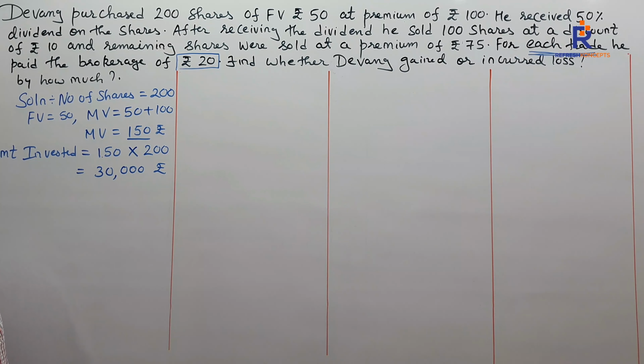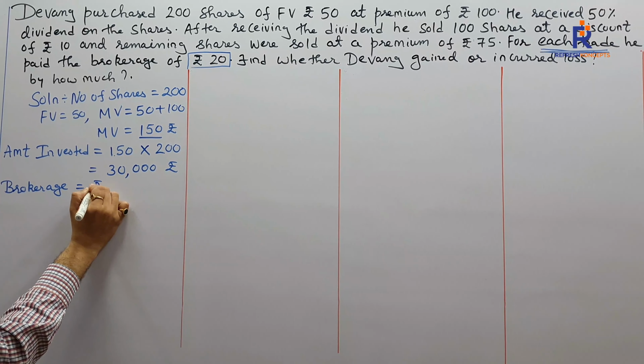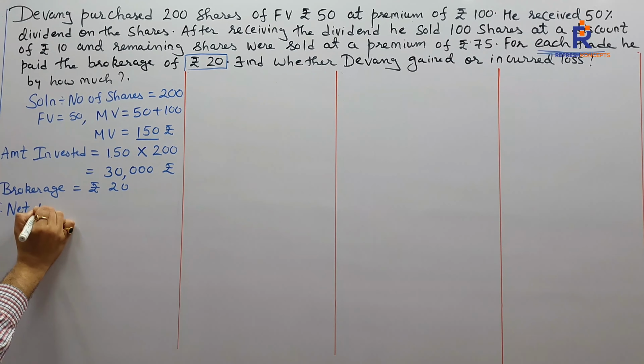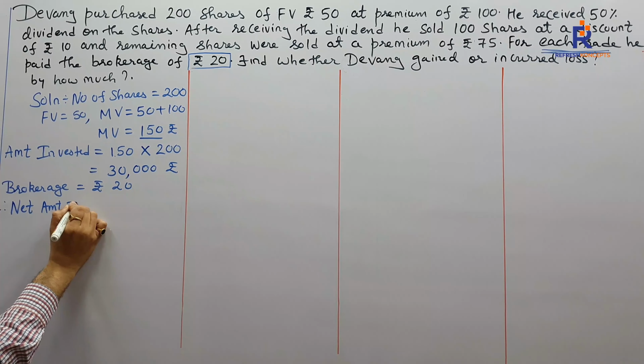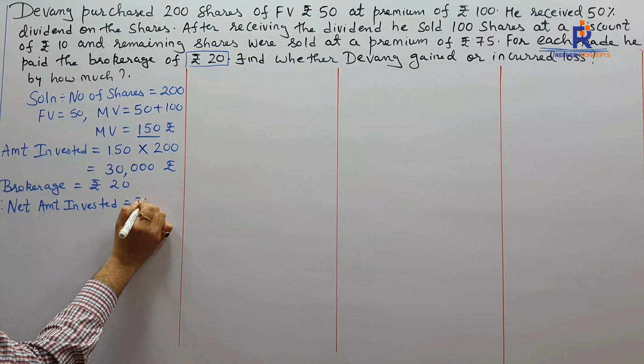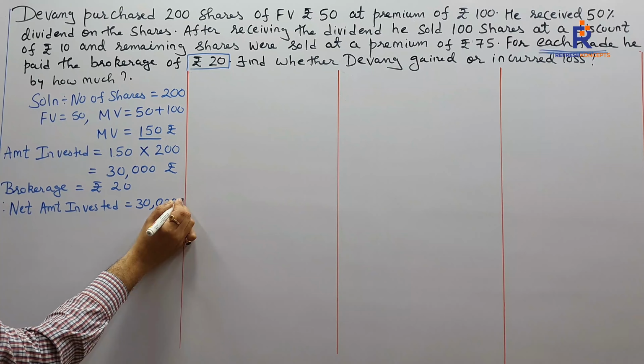But a trade has been done, he has purchased. Since he has purchased, a trade has been done. On every trade there is a brokerage of 20. Brokerage is rupees 20. Therefore net amount invested is 30,020 rupees.